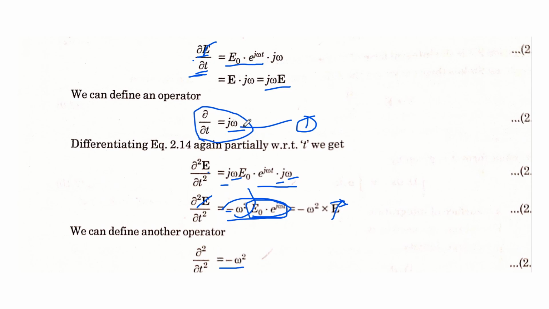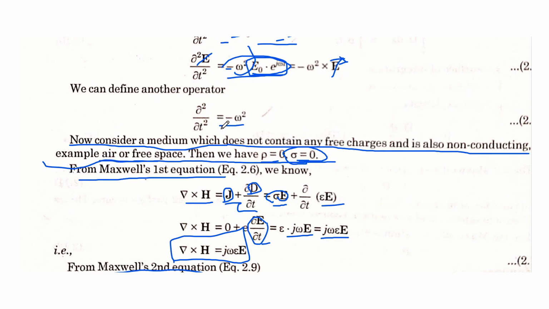I simply substitute J omega in place of dou by dou T, then we get minus J omega mu H bar. So from Maxwell's second equation, del cross E bar is equal to minus J omega mu H bar.